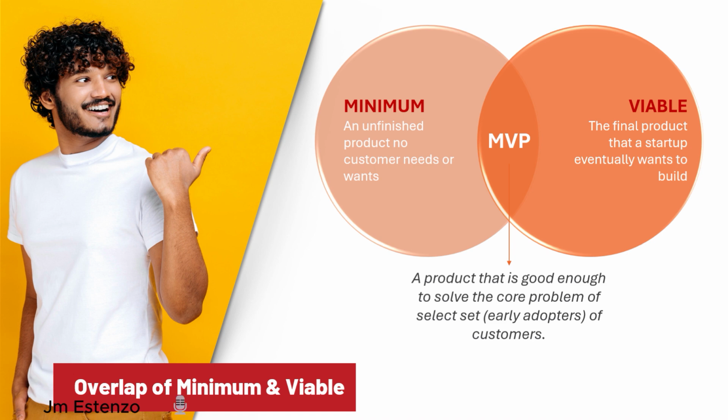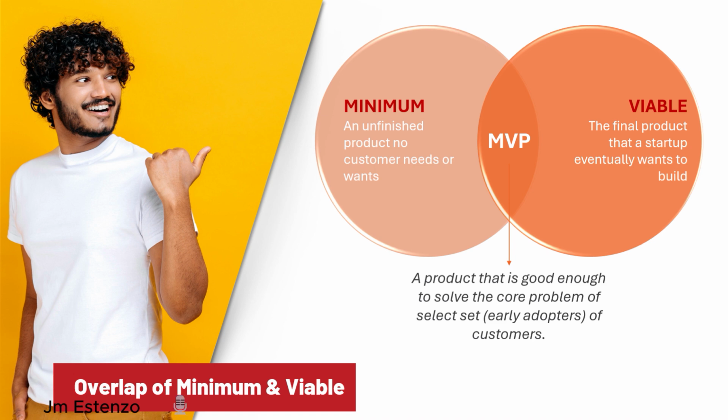Maybe it was rushed, maybe it's just a set of random features, but the key is that no customer needs or wants it. It fails to solve a real problem. This is a product that we avoid building because even though it's minimal, it has no real business value.